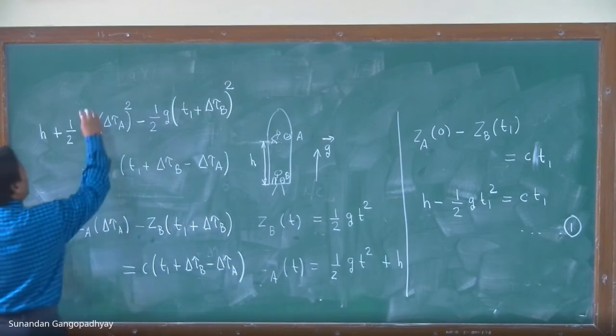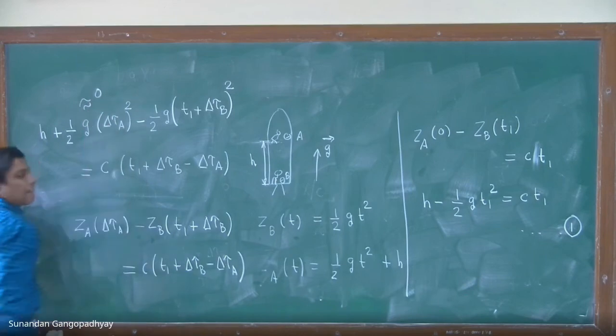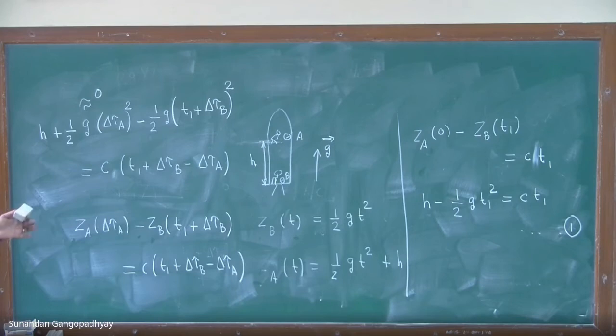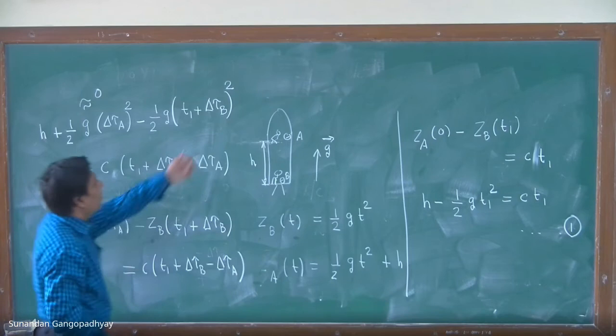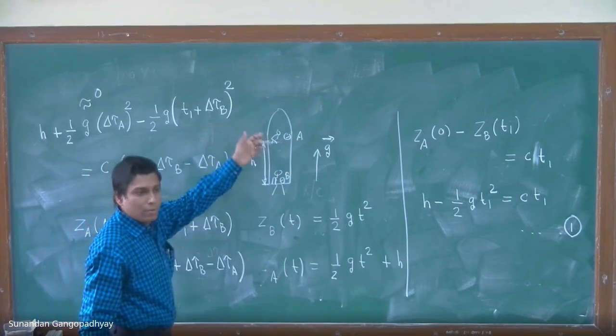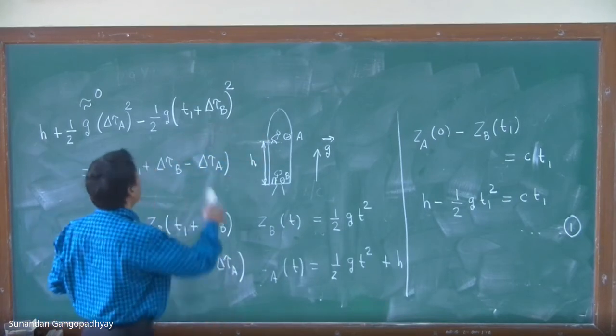This term we shall neglect. It's very small, because we are assuming that he is sending signals. We could keep that term, but we are assuming that it is very small, so neglect it. Similarly, delta tau B will also be very small because we shall calculate numbers later.